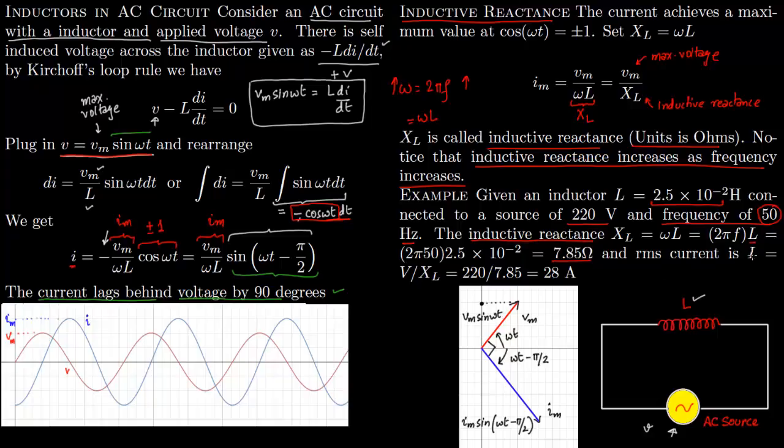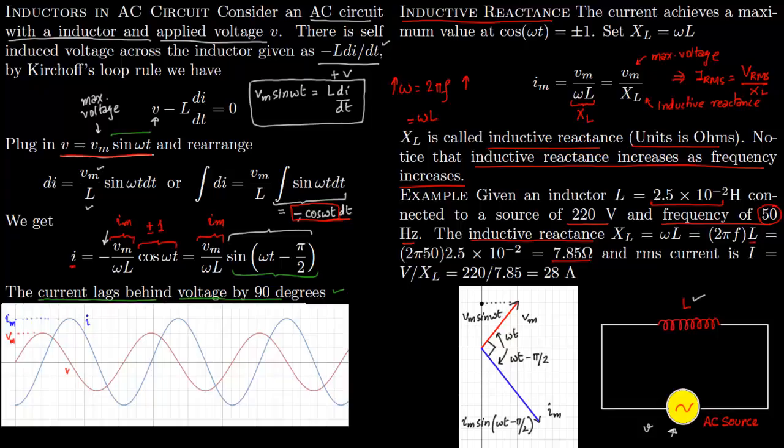And the RMS current I is equal to voltage over X L. So this also implies that I RMS is equal to V RMS divided by X L. You get this from the earlier equation by dividing both sides by root 2.